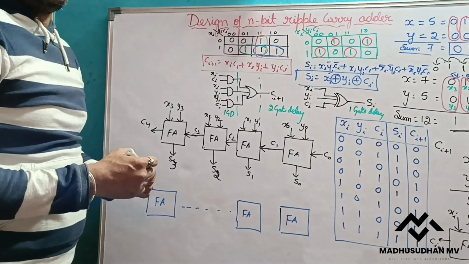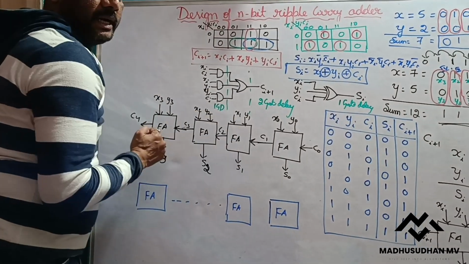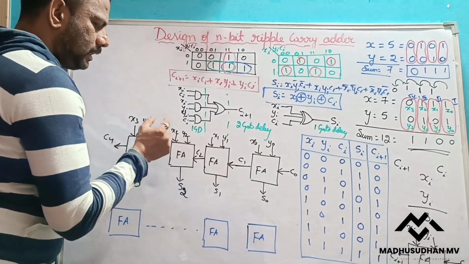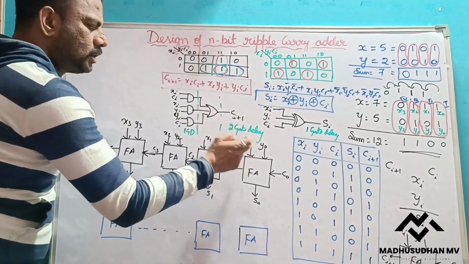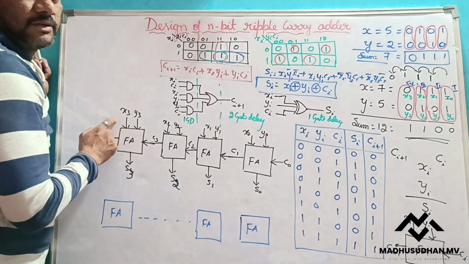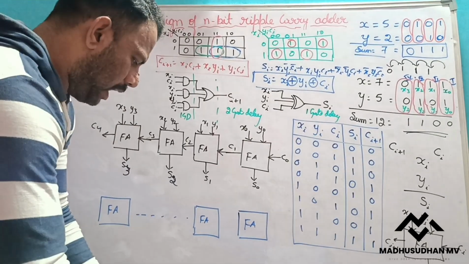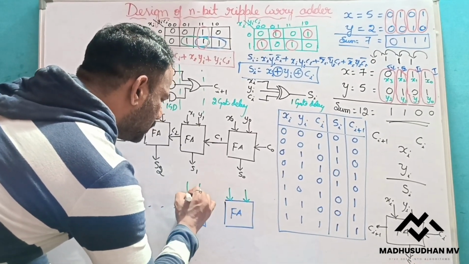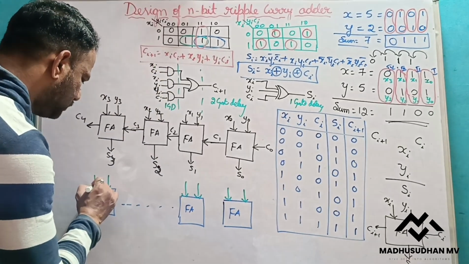So if you observe, to add two numbers of 4 bit each, start with x0, y0, x1, y1, x2, y2, x3, y3. Last 4 bit is x3, y3. Similarly now for this I need what? 2 bits.